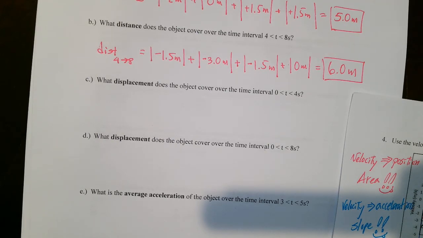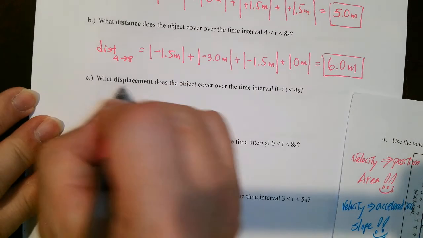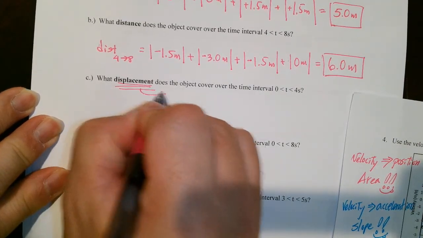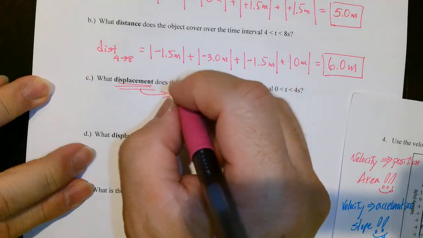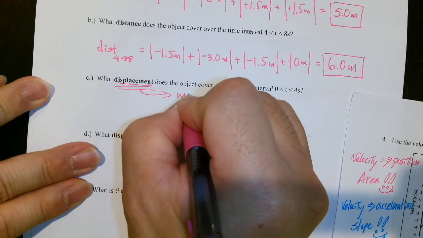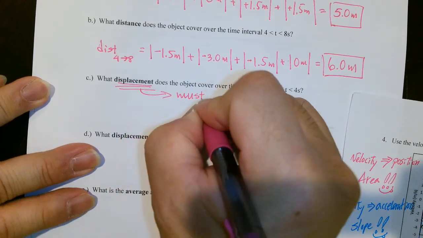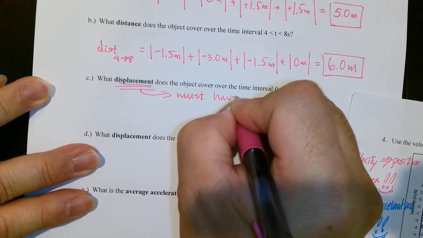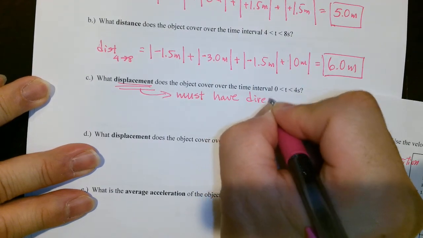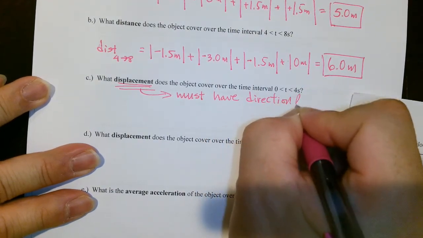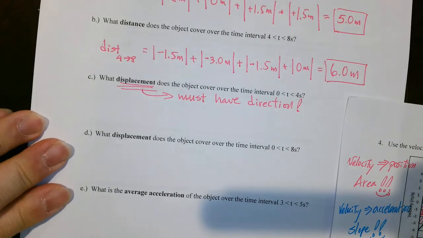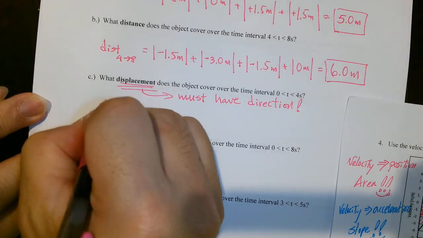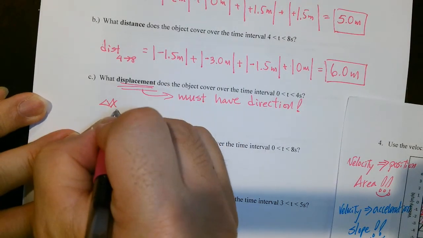What is the displacement between 0 to 4 seconds? Now it's a different story. Now, displacement itself must have direction. So you have to have positives and negatives.